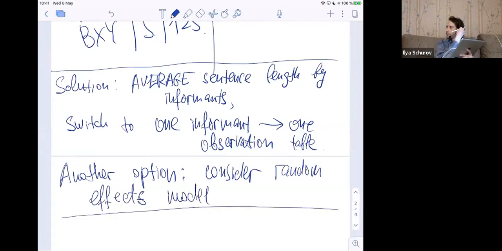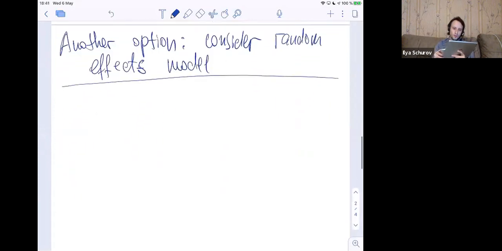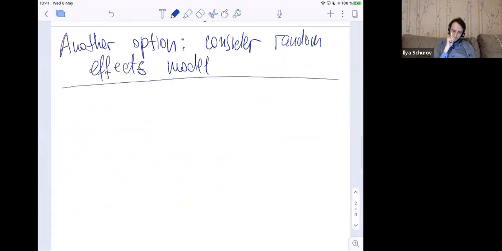What does it mean? Assume that I have the following two-step data generation process.